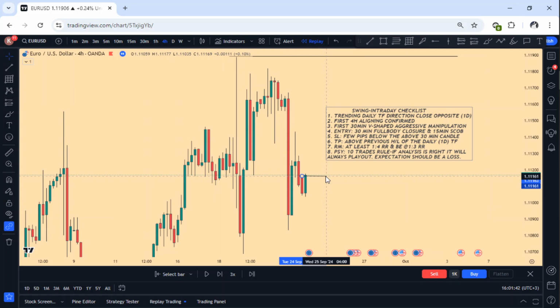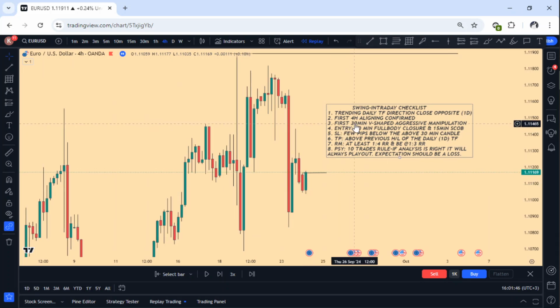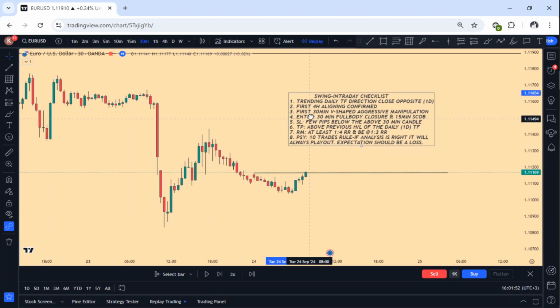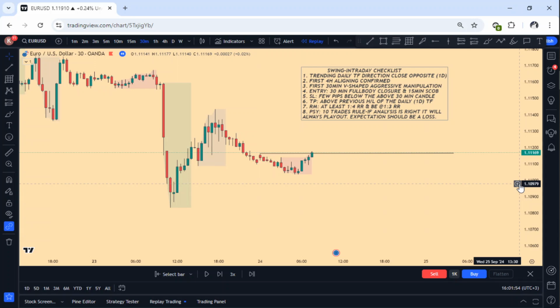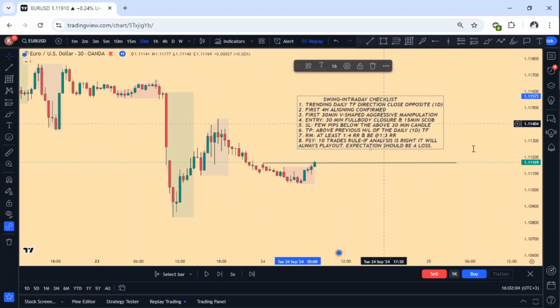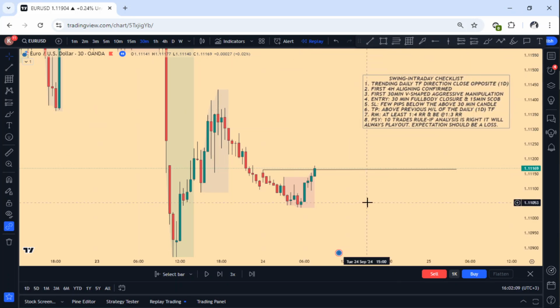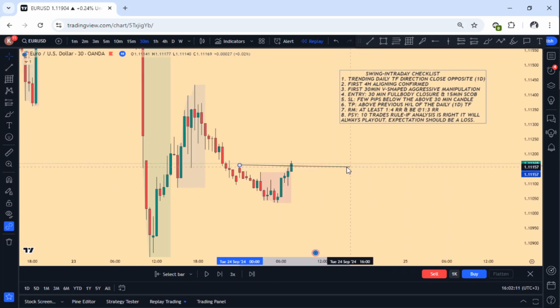Manipulation in 30 minutes, that is first 30 minutes V-shaped aggressive manipulation. So we go to 30 minutes and start monitoring the time. Let's check and wait for 30 minutes to align.